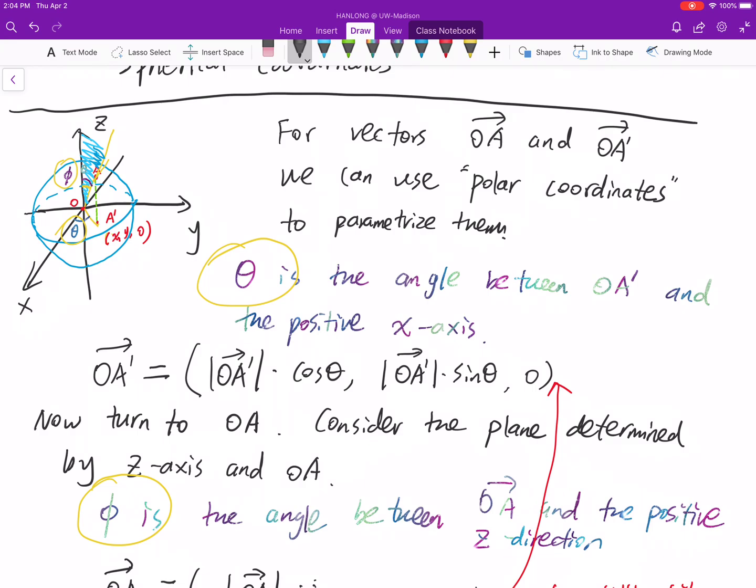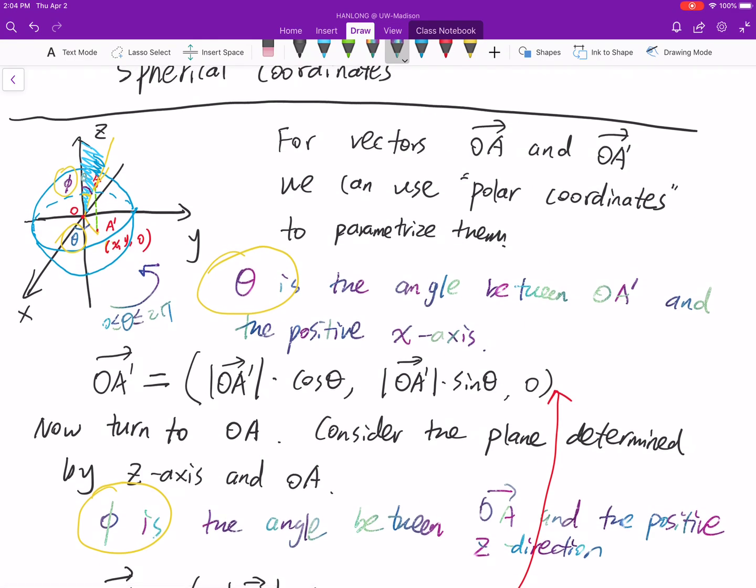So the angle theta can rotate all the way around the z-axis on the xy plane, so the region is from 0 to 2 pi, but the phi can only go from the positive direction to the negative direction. So phi is between 0 and pi. And similar to the polar coordinates, for rho, of course, the only constraint is that rho is positive.